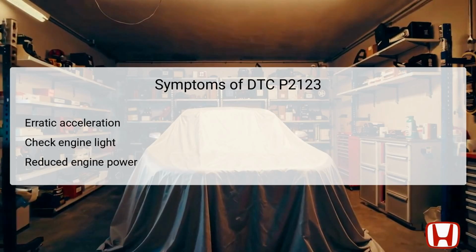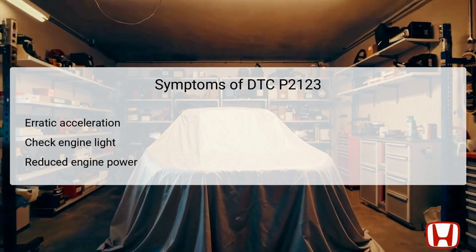The symptoms associated with DTC P2123 can significantly affect vehicle performance. Drivers may experience erratic acceleration, meaning that the vehicle does not respond as expected when pressing the accelerator pedal. This can lead to a lack of smoothness in driving or unpredictable power delivery.